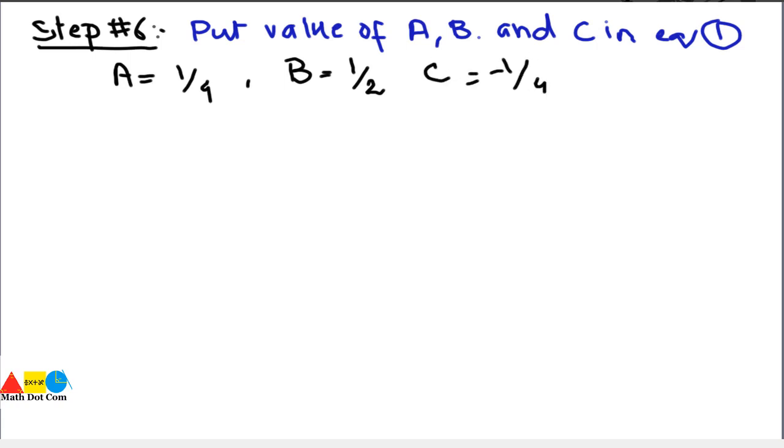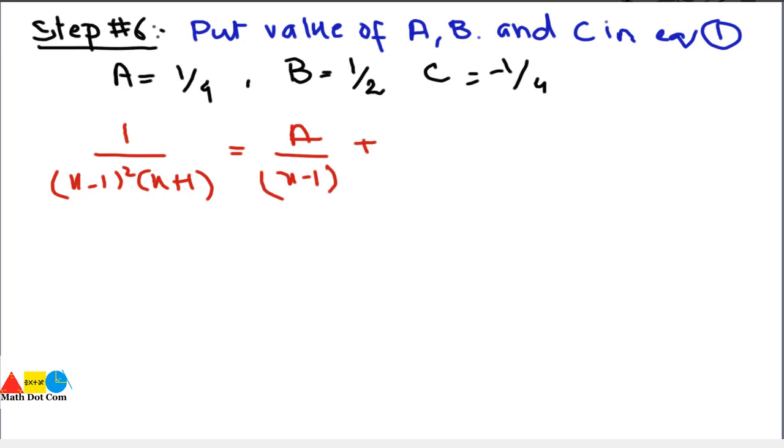So let's write the equation. That was equation number 1: 1 divided by (x minus 1) whole square into (x plus 1) is equal to a divided by x minus 1 plus b divided by (x minus 1) whole square plus c divided by x plus 1. So let's replace a, b and c with their values.